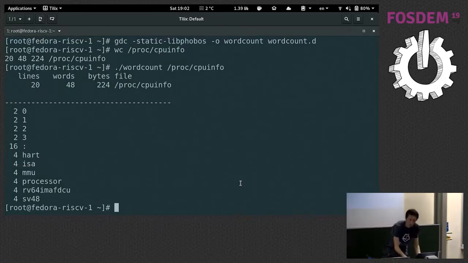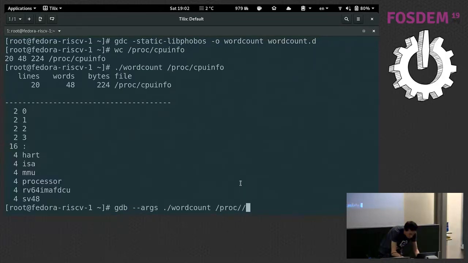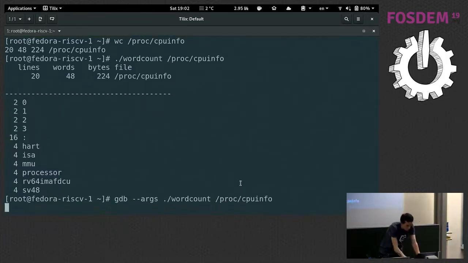Also, there was a talk from Debian. Debian said that GDB doesn't work on Linux, so let's do the same. This is GDB.